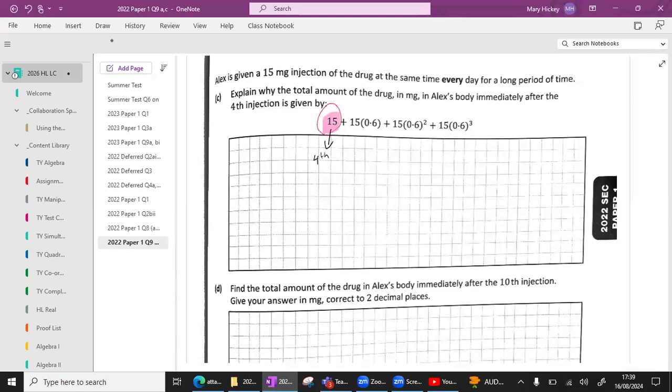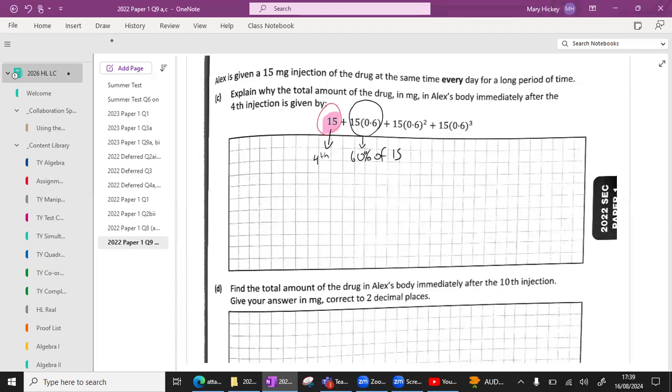Now, if we look at the second part here for a moment, if I was to translate that, that is 15 by 0.6. So really, it's 60% of 15. Now, I guess that makes sense from what we did in part A, because I have that much left in my body after I've gotten that injection.